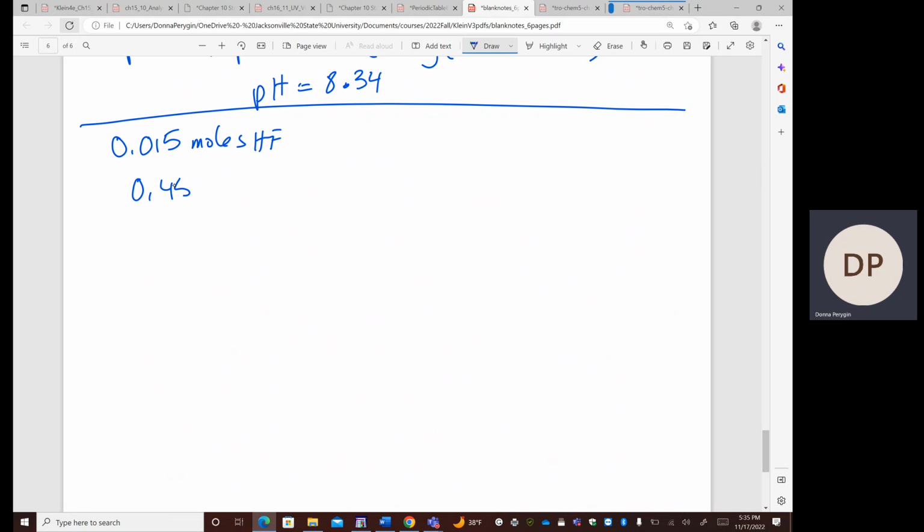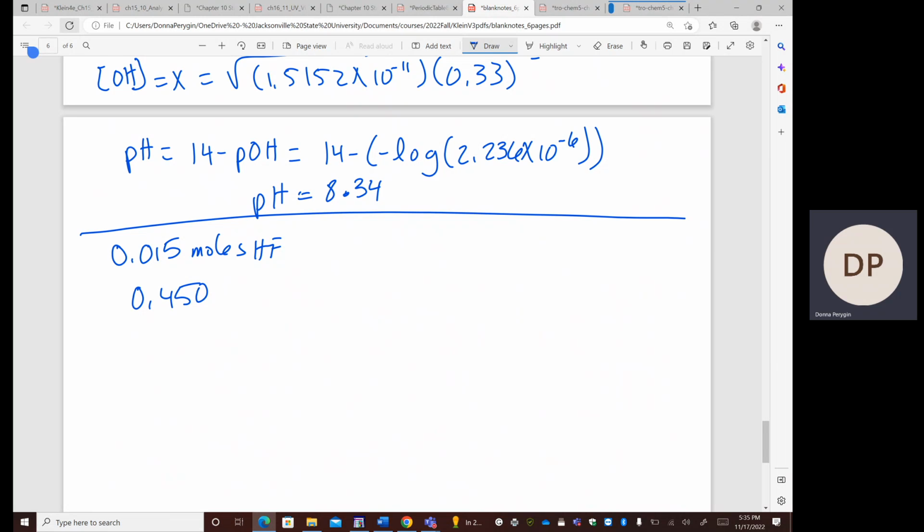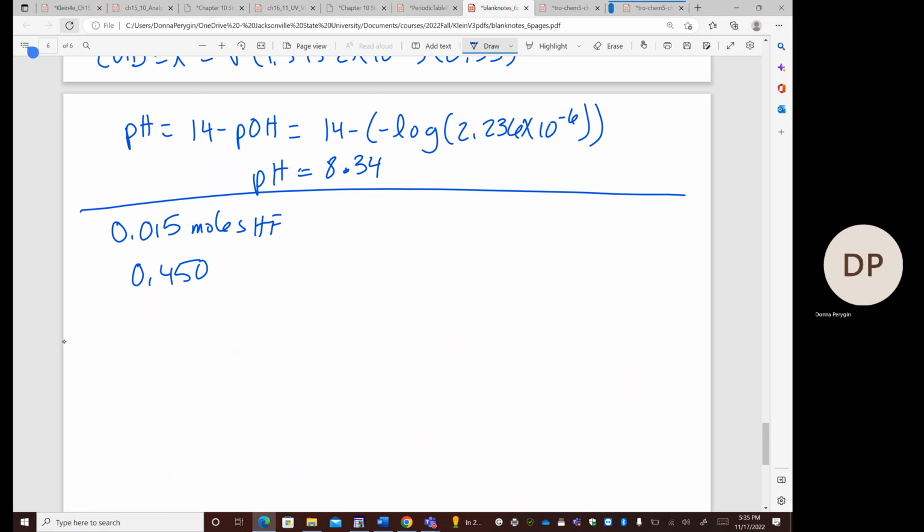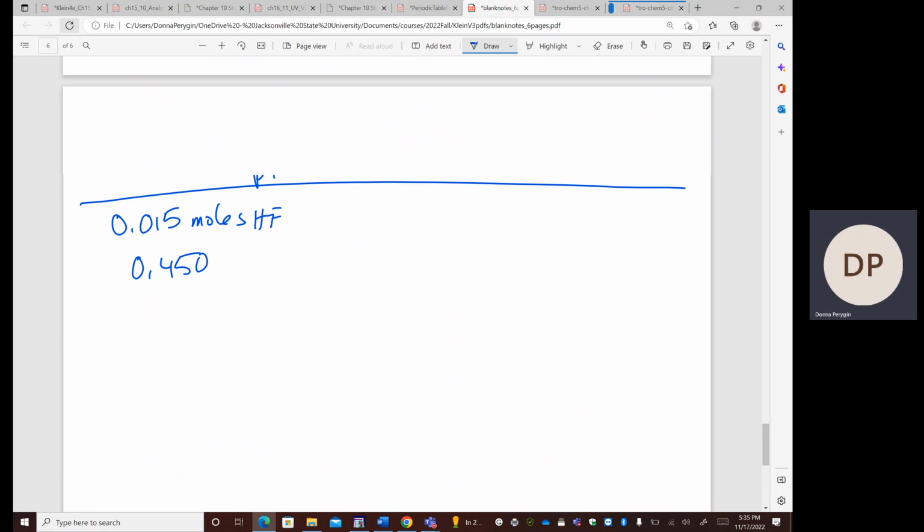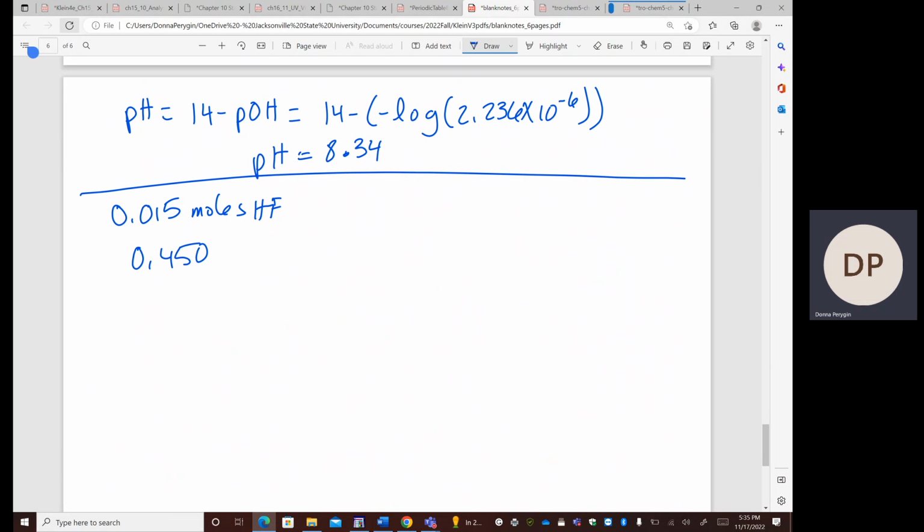So we've got 0.450 liters of KOH times 0.050 moles per liter, and that gives me 0.0225 moles of KOH, okay?